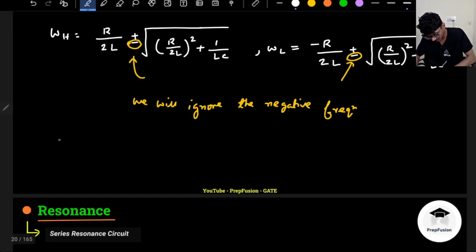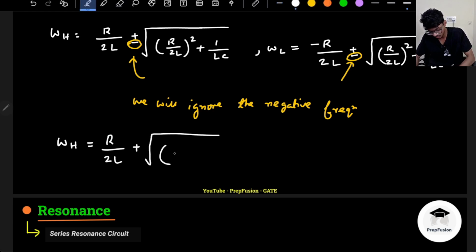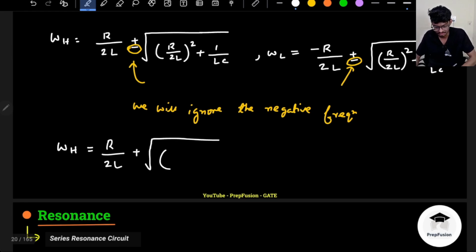So from here this beautiful equation is derived, that is omega H, that is the 3 dB frequencies, R by 2L. If you can remember this, that will be good. If you don't want to remember, it's also fine, but the toppers do remember this formula. This R by 2L also has a name, I will explain. And this is 1 by square root of LC whole square, and what is 1 by square root of LC? Omega naught square. I will come to the main formula that I want you to remember.